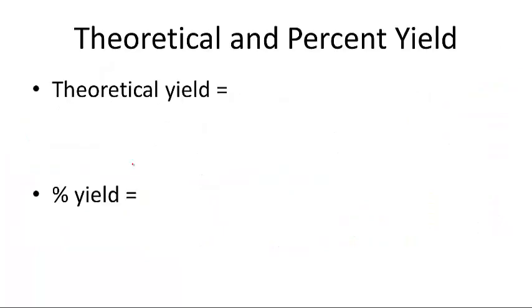So then the last part is when we run reactions, they don't exactly turn out the way the stoichiometry predicts. And I know you might not like it that I keep using the same analogy, but let's say we were running a sandwich shop, and we go out and buy a bunch of bread and a bunch of lunch meat, and we theoretically have enough bread and enough lunch meat to make 1,000 sandwiches, right?